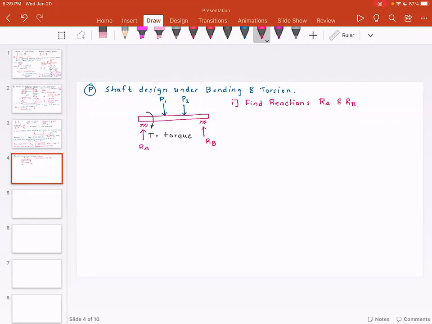The next step is draw bending moment diagram. And when I'm saying draw bending moment diagram, the sole purpose of this bending moment diagram is to get the maximum bending moment.